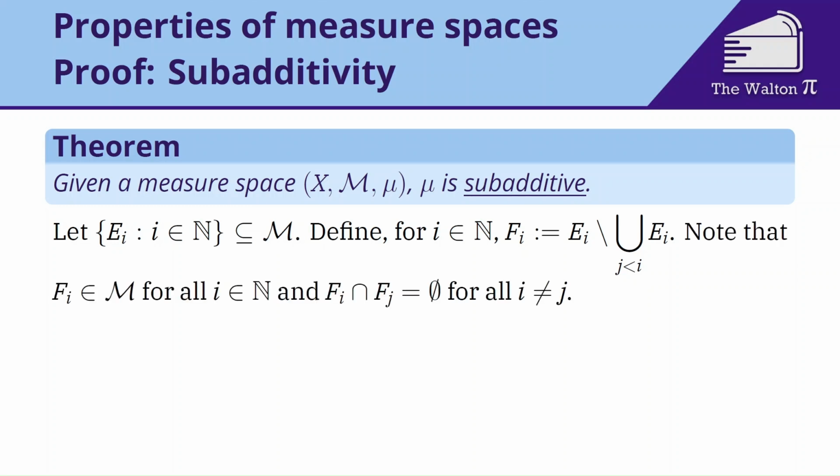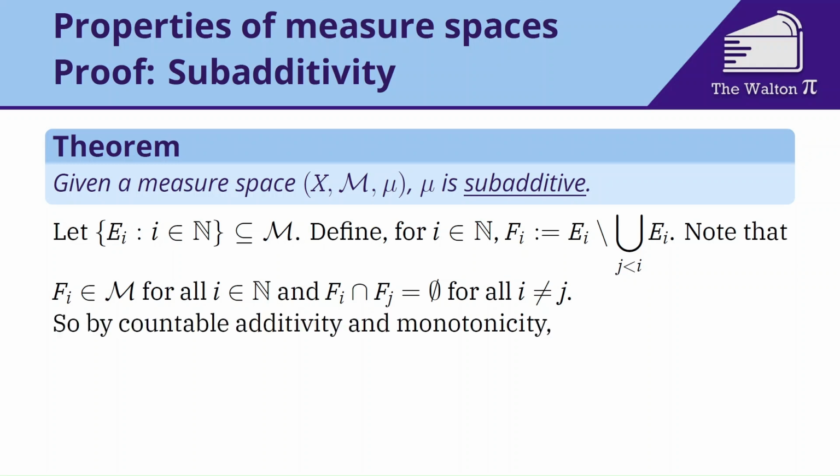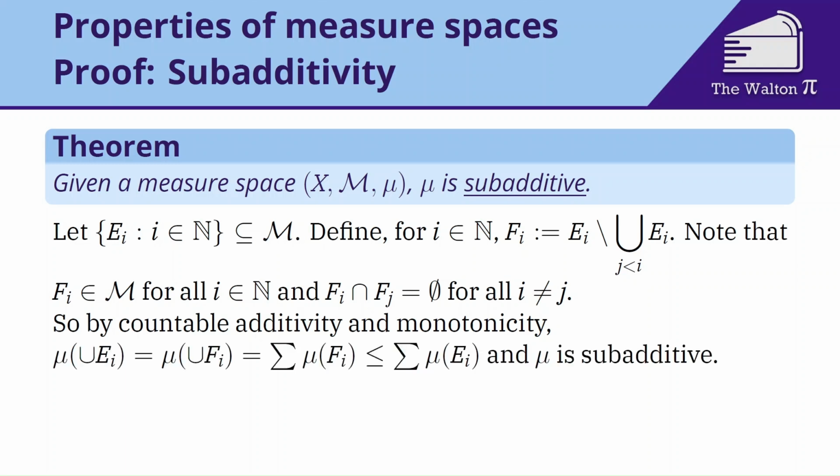The reason we're doing this is that the collection of F_i is pairwise disjoint, and all of them are in our sigma algebra M. So by the countable additivity of our measure mu and the monotonicity that we just proved, mu of the union of the E_i is mu of the union of the F_i, because they're the same set, which is equal to the sum of the measures from countable additivity, which is less than or equal to the sum of the measures of the E_i by monotonicity, and so mu is subadditive.